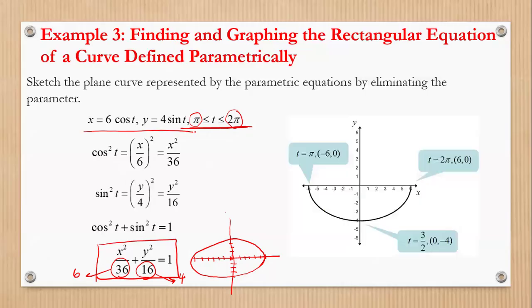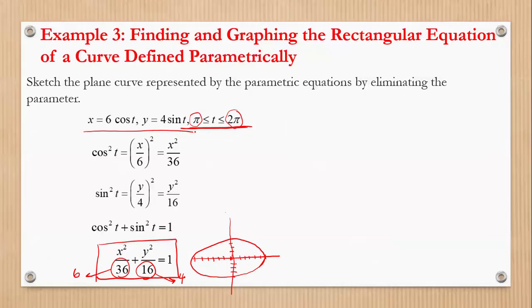If I replace pi, I get x equal to 6 cosine of pi. I know the cosine of pi is -1, so the answer is -6. And y is equal to 4 sine of pi, and sine of pi is 0, so the answer is 0. So the point that I get is (-6, 0).